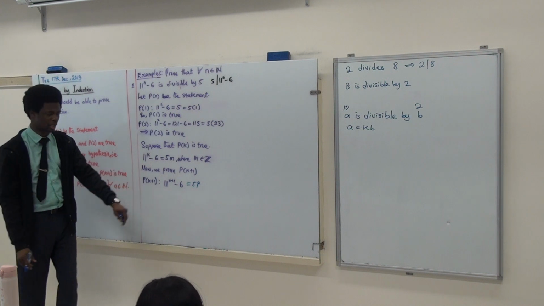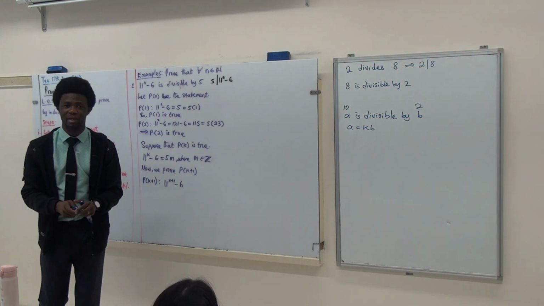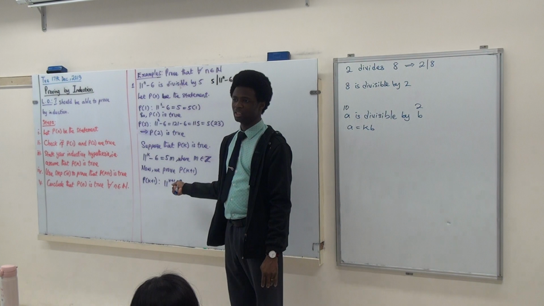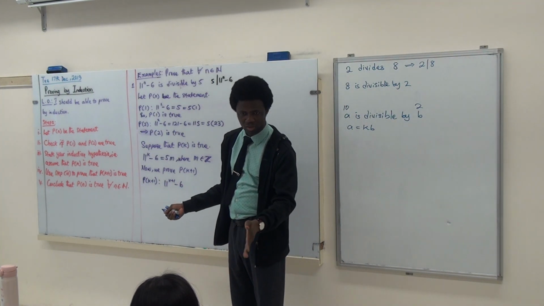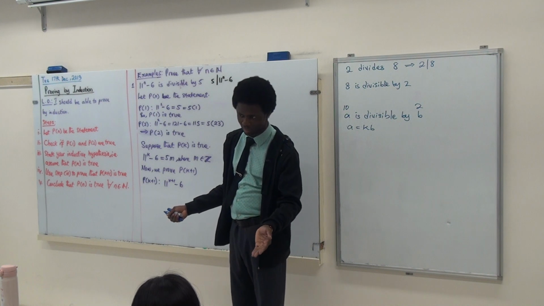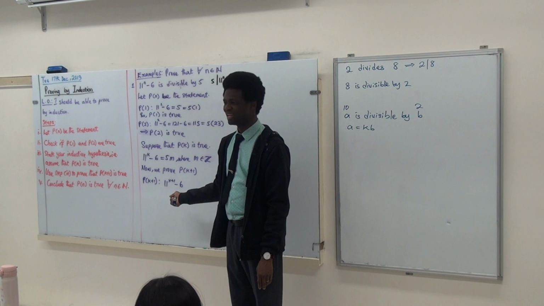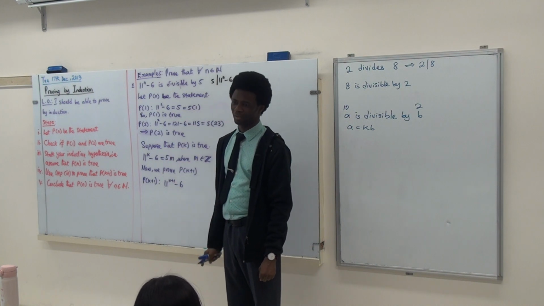There is something about proof by induction: your inductive hypothesis has to be used here. If you get some shortcut that does not involve your Pk, you have not proved by induction.